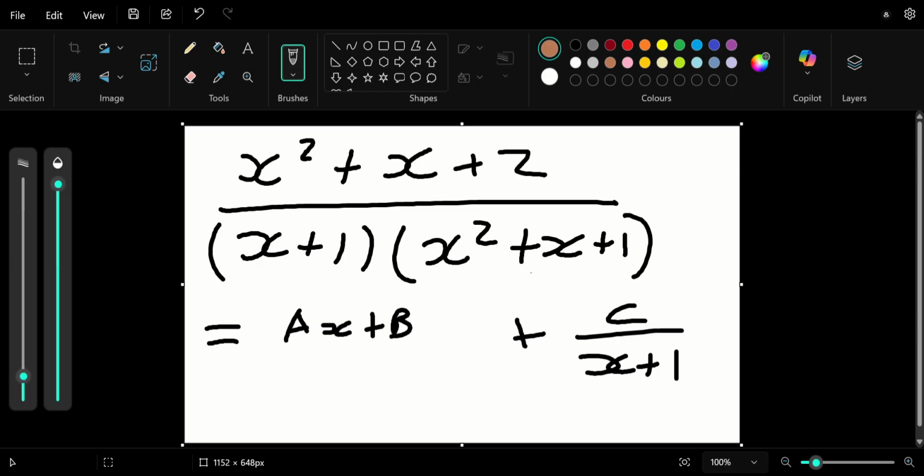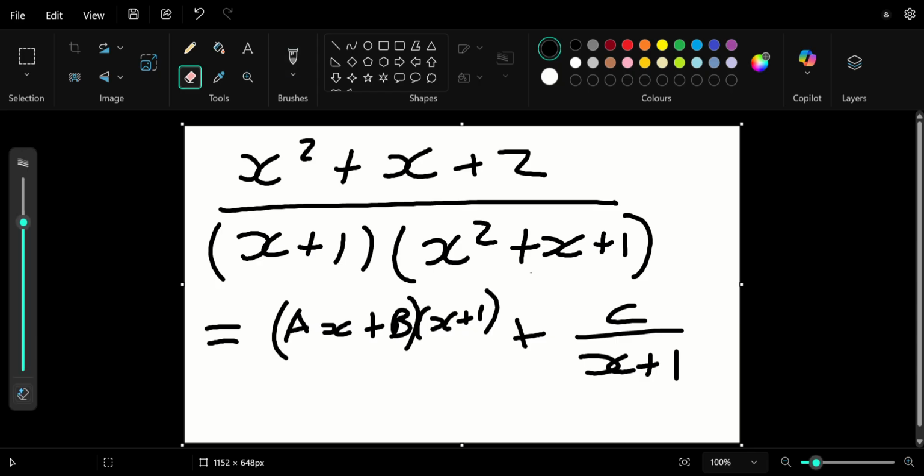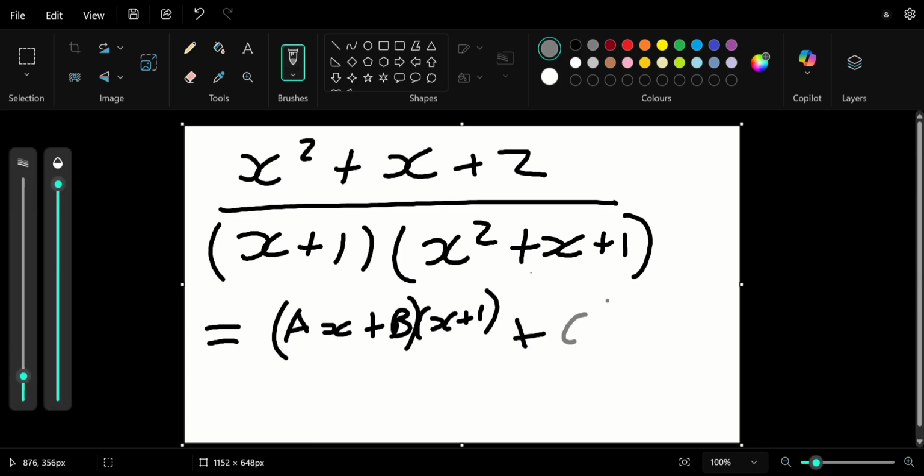The bottom denominator cancels, and we have a numerator in x plus 1. And here the bottom denominator also cancels, and we have a numerator in x squared plus x plus 1.